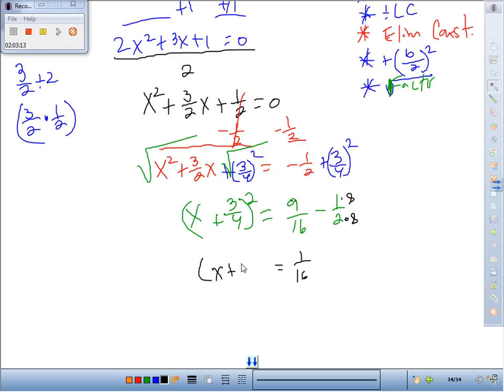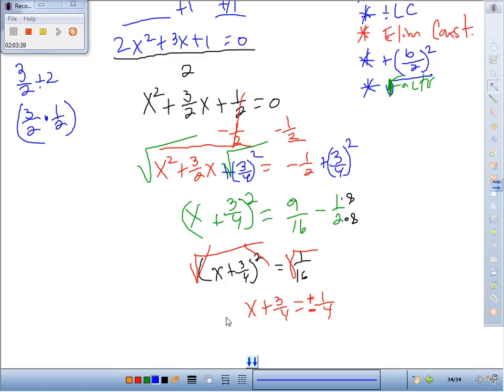Bring everything else down. x plus 3/4 squared. Let's get rid of that squared. Now we do the square root. This cancels this. x plus 3/4 equals, square root of 1 is 1. Square root of 16 is 4. And this is plus minus.